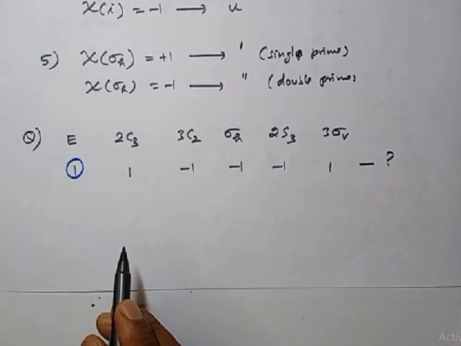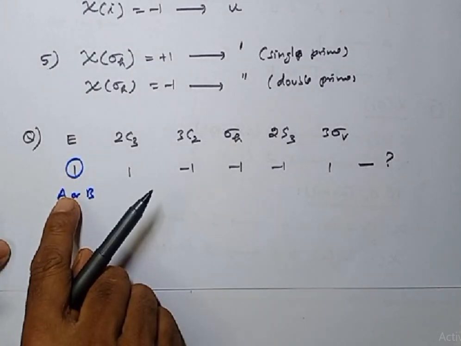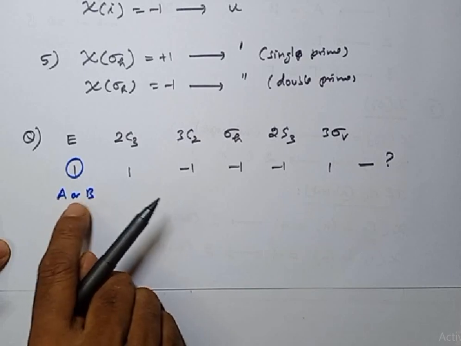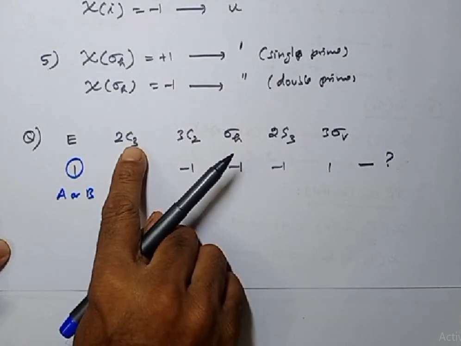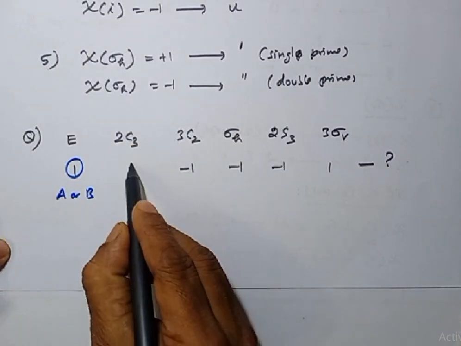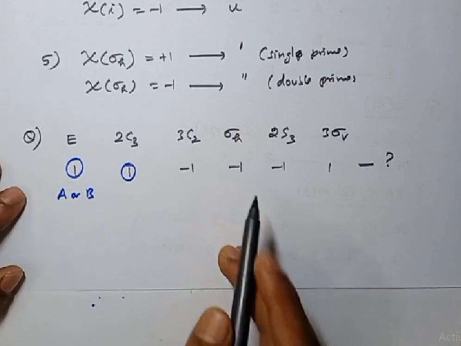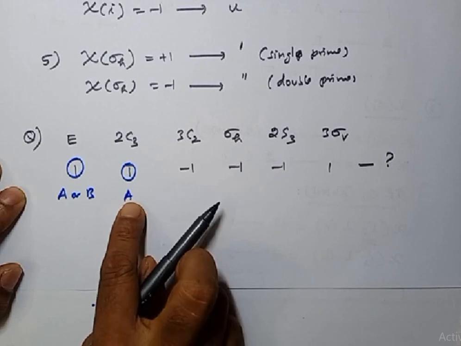It is 1, which means the symbol should be either A or B. To fix whether A or B, see the principal axis. The character of the principal axis is +1, so the correct symbol should be A.